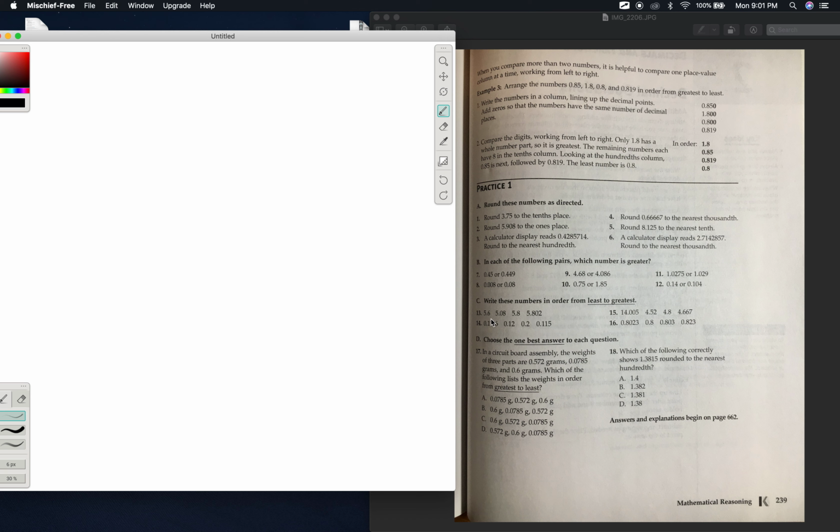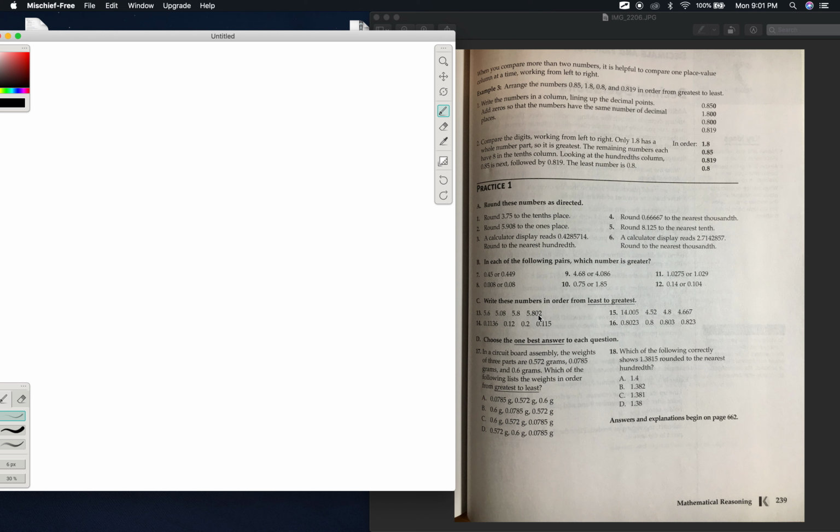So 5.6, let's see. Well, I do believe that this would be the largest one right over here. So we have 5.802 as our largest number.